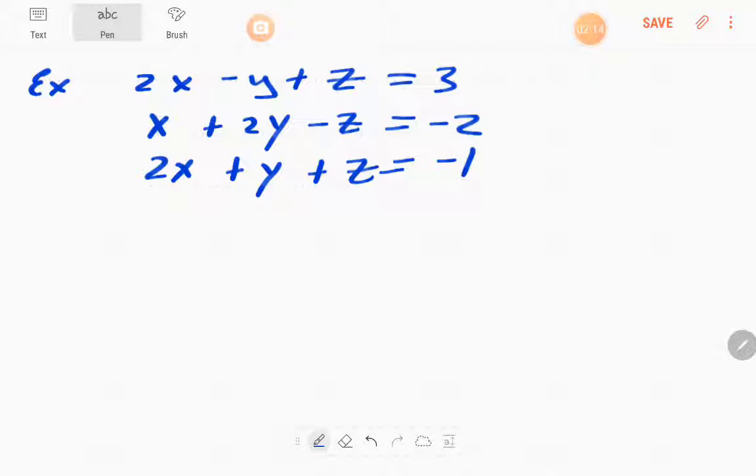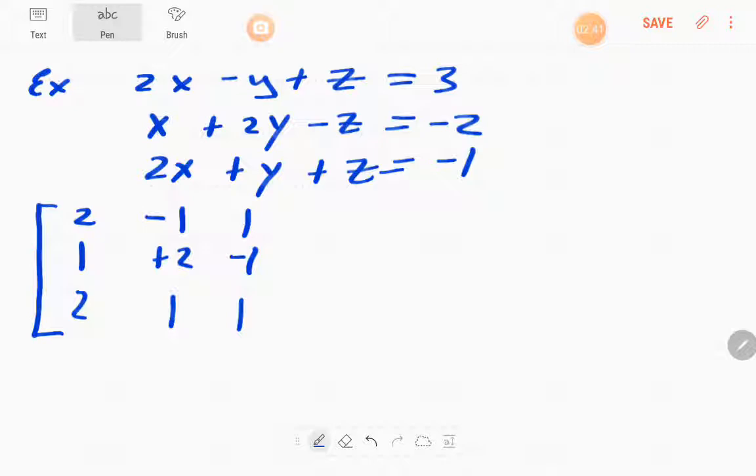So putting this into matrix form, here all the x values would be 2, 1, and 2. So all the coefficients of the x's I'll list off here, then all the coefficients of the y's, then all the coefficients of the z's. So we have 1, minus 1, plus 1. And then we'll have our solutions, 3, minus 2, minus 1.